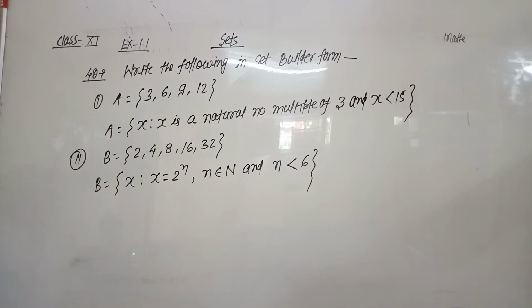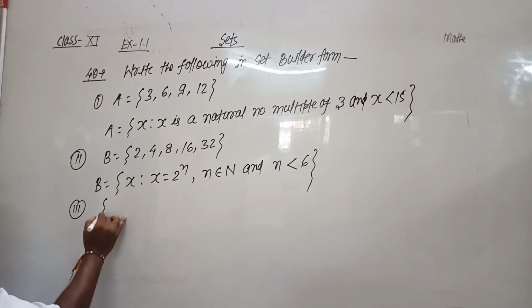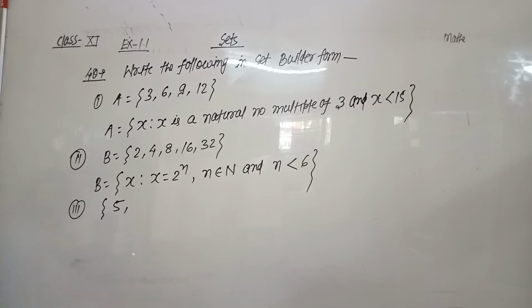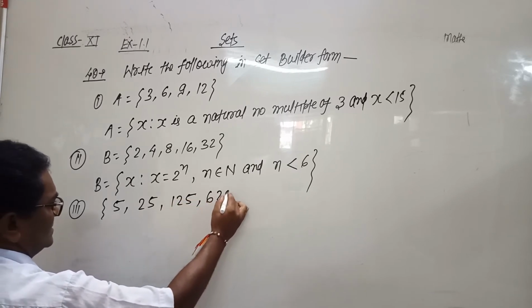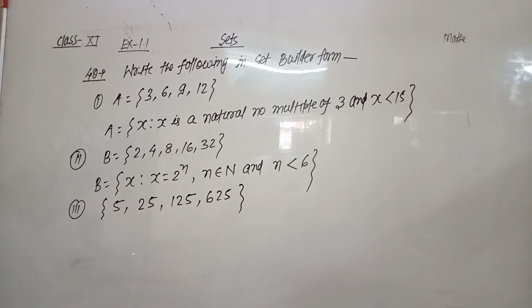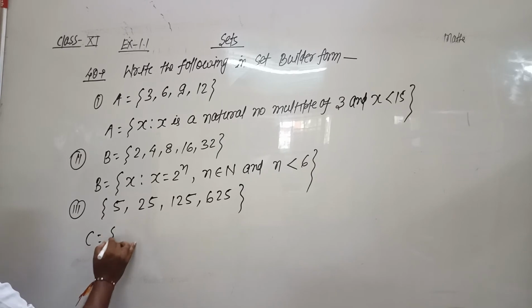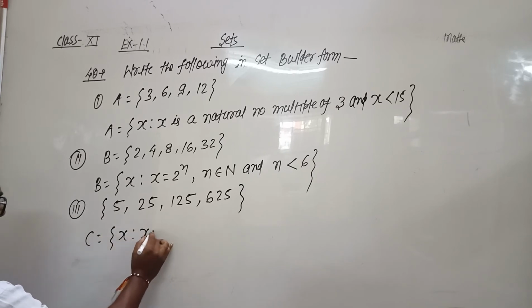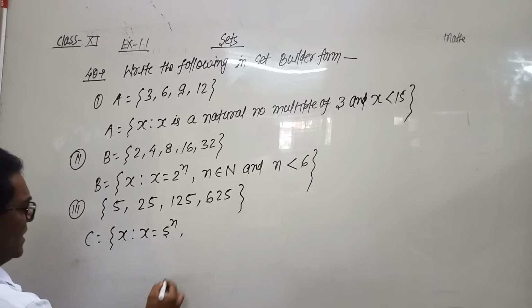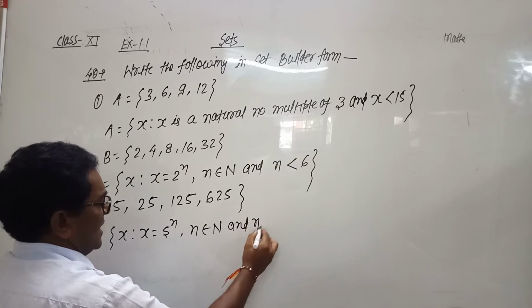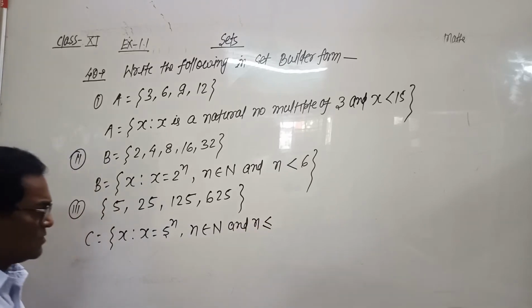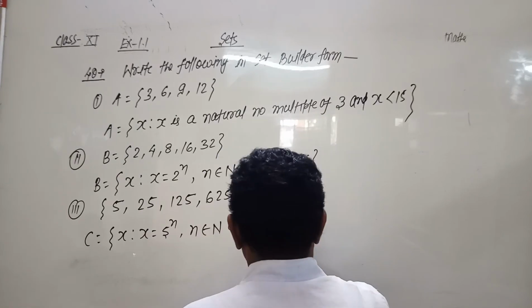Then 5, 25, 125, 625. So here C equals {x such that x equals 5 raised to the power n, n belongs to natural numbers and n is less than or equal to 4}.